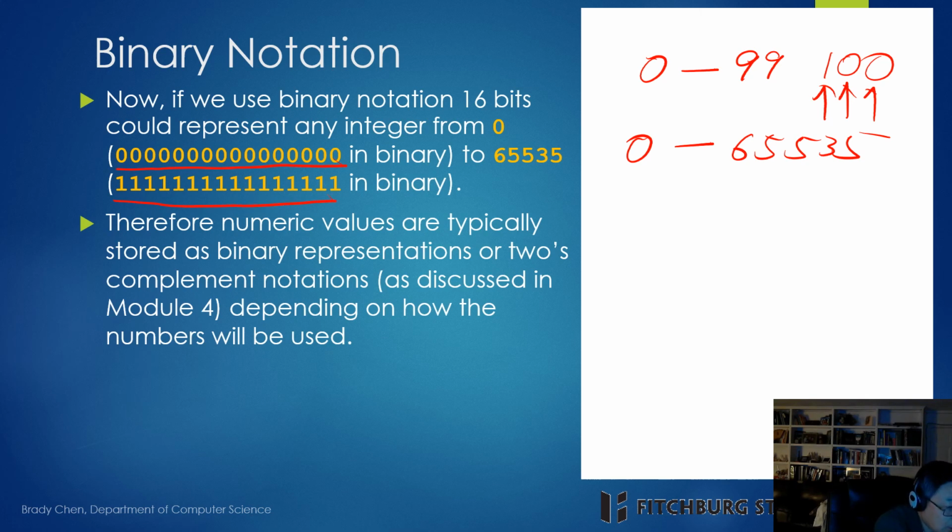So 16 zeros represent 0, and 16 ones represent 65,535. That's a much bigger range. So definitely the binary notation is much better than the ASCII code.